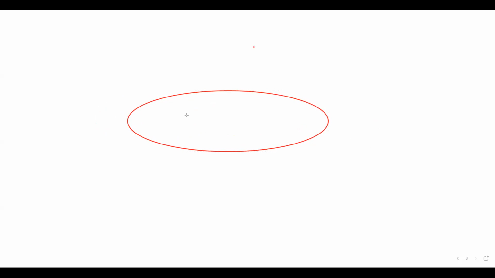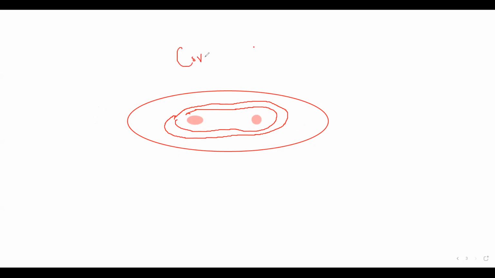For example, this is one nucleus, this is another. So we find the maximum probability of finding an electron within this region. Is the difference in electron density for covalent molecules and ionic compounds clear? Any doubt in this part?